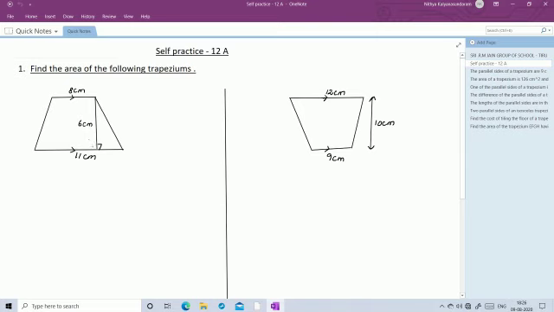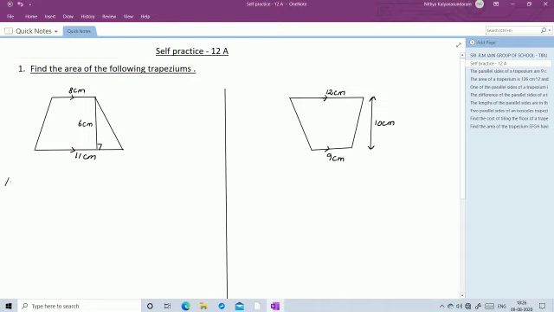If you want to find the area of the trapezium, we need to know the height of the trapezium and the sum of the parallel sides of the trapezium. Here the height is 6 centimeter and the parallel sides are 8 centimeter and 11 centimeter.